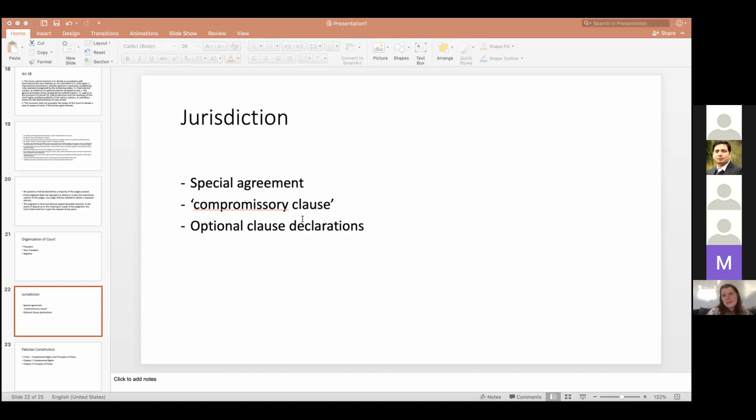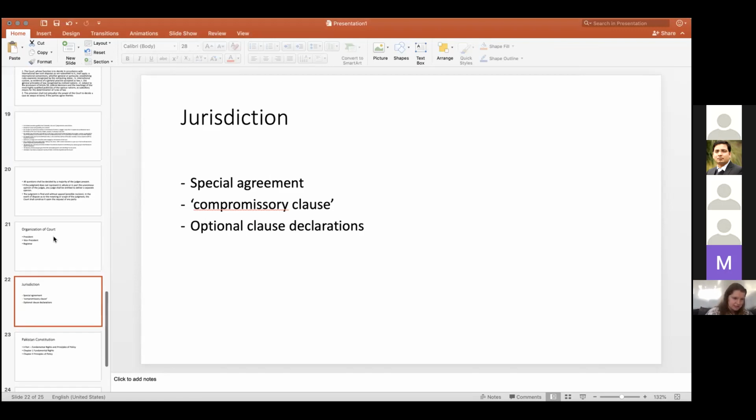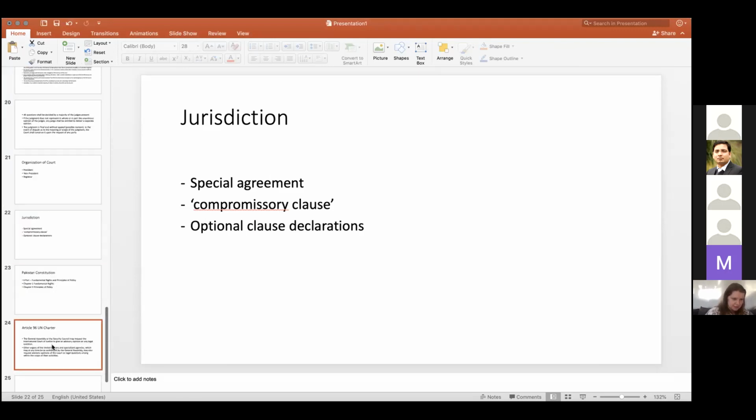The UN or any specialized agency can request the court to issue an advisory opinion, as stated in Article 96 of the UN Charter. I think I don't have this Article 96 here.